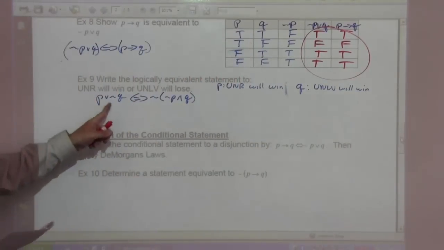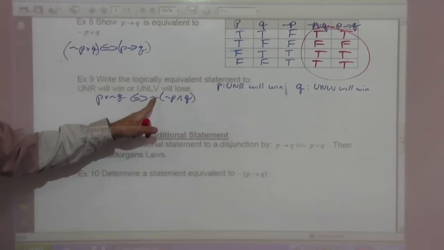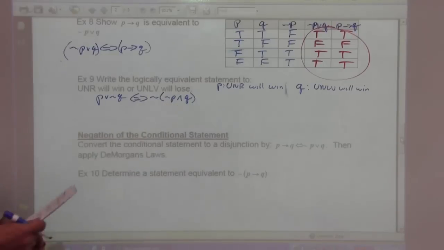This first statement is P or not Q, because losing is not winning. And then we have the negation of not P and Q.